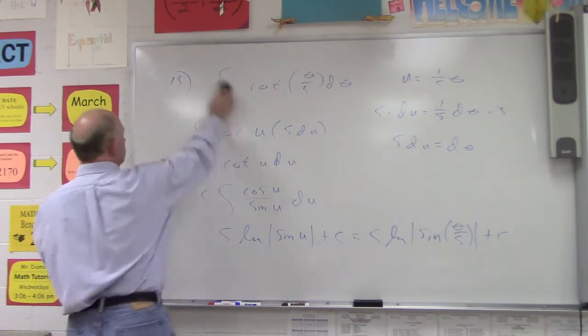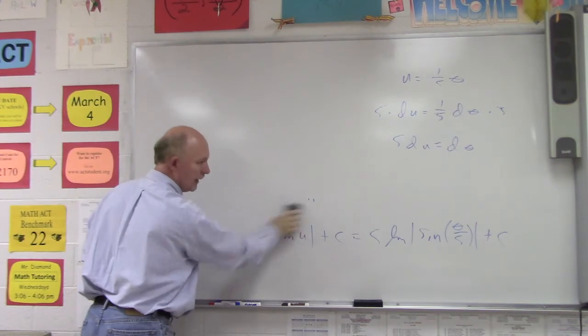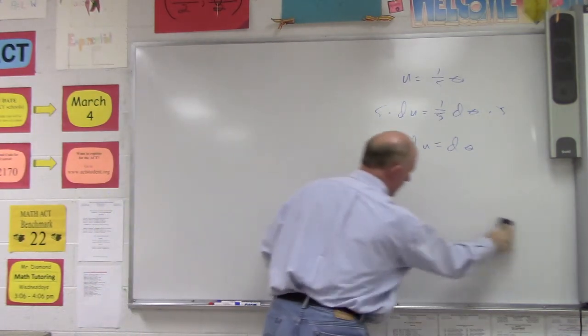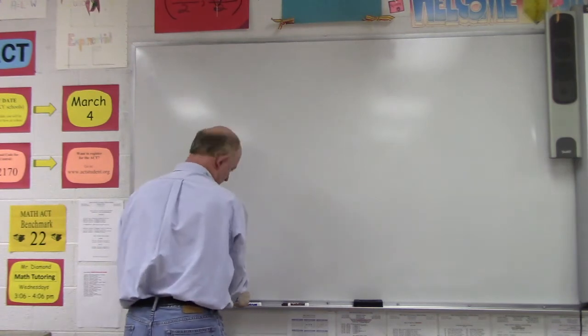Okay, let's try another one. So we did a trig problem. Let's try a problem where, as I said, sometimes when we're using u substitution, we're stuck with an extra variable, so all the x's do not cancel out.